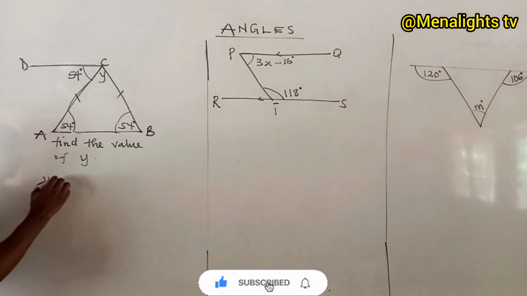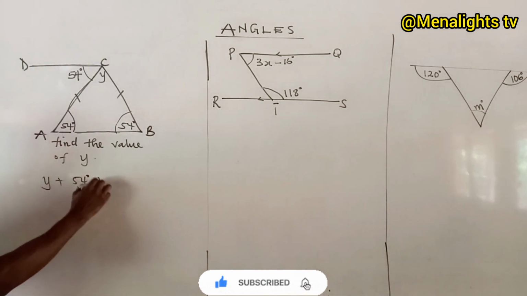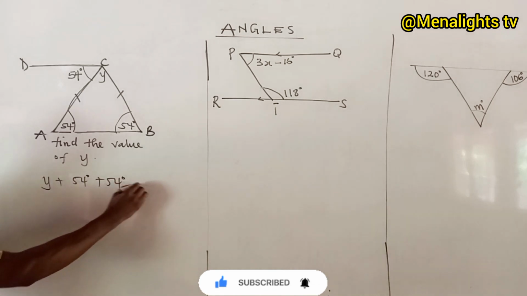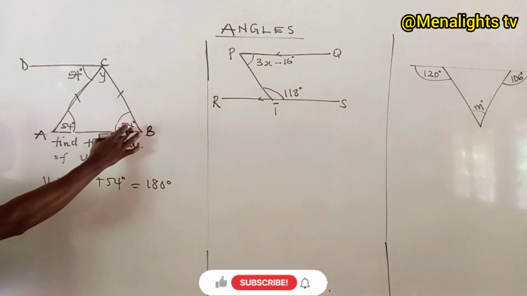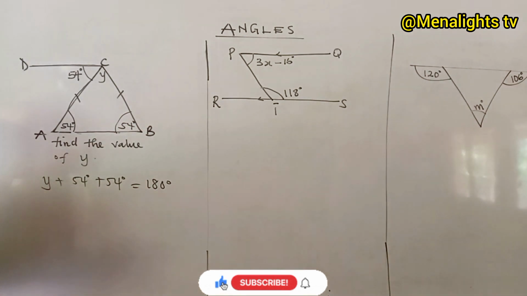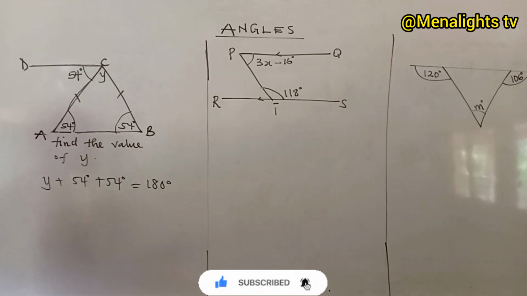So y plus 54 degrees. So y plus 54 degrees is equal to 180. The reason is the sum of angles in a triangle. So the sum of angles in a triangle gives what? 180 degrees.